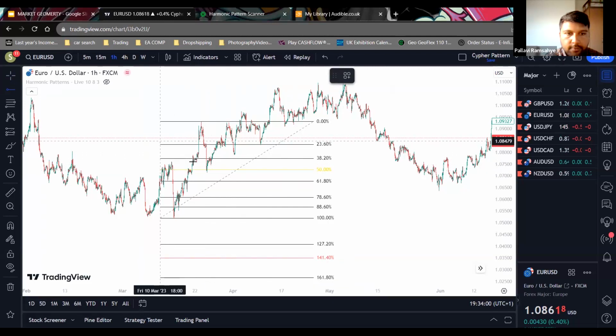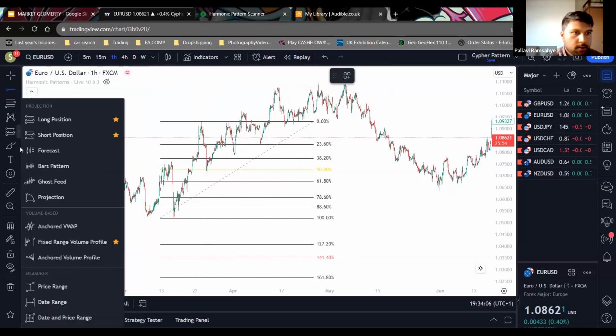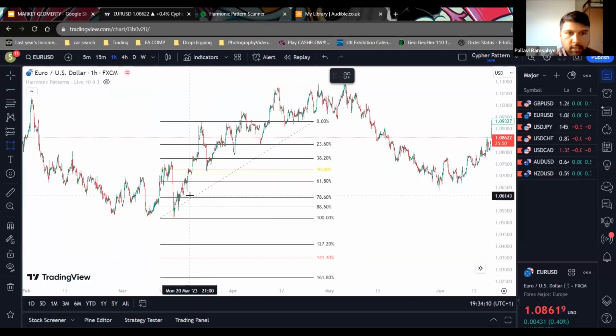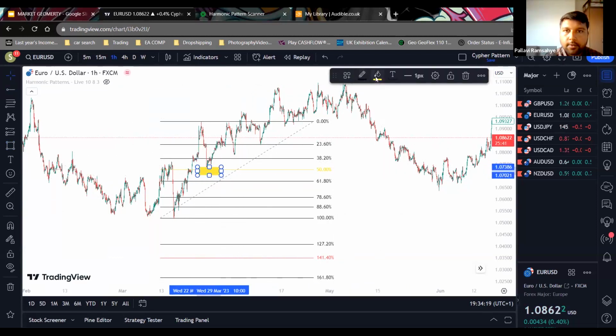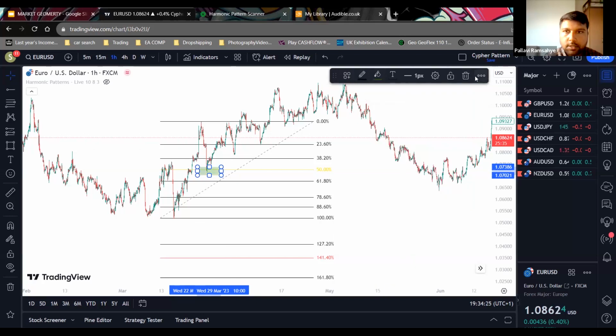I'm going to use a different tool to select it. Let's use the rectangle tool. So right here, you can see the price has retraced to this 50% zone. Let's change it to green.